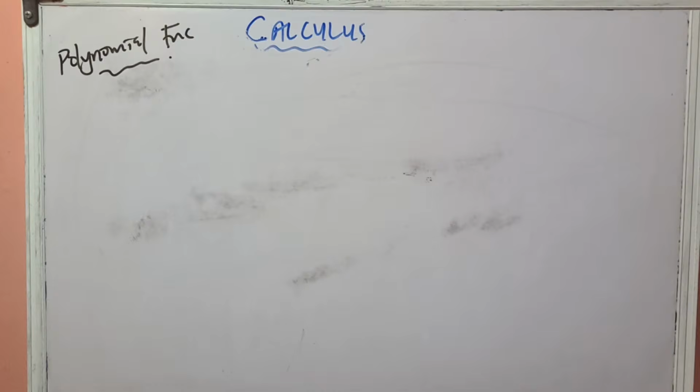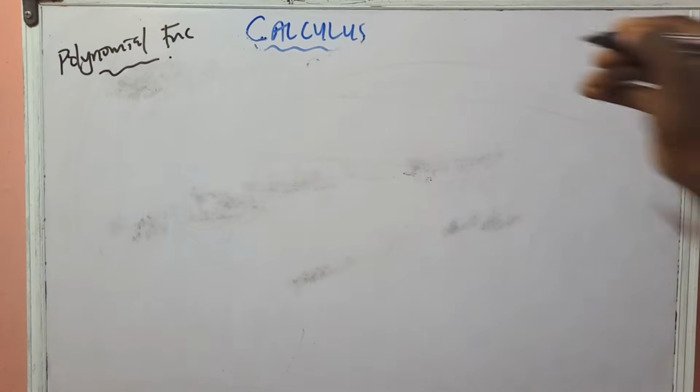So a very good example of polynomial is, for instance, we have 2x squared, 3x squared plus 3x. Those are all polynomial functions. So let's get right into an example, and I'm sure everyone here should be able to differentiate polynomial functions. However, I'm going to assume you don't know it so that we can explain properly.